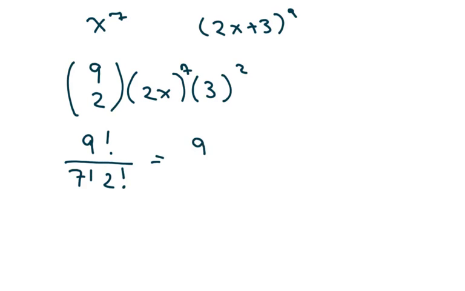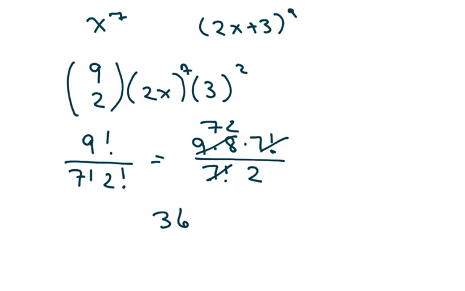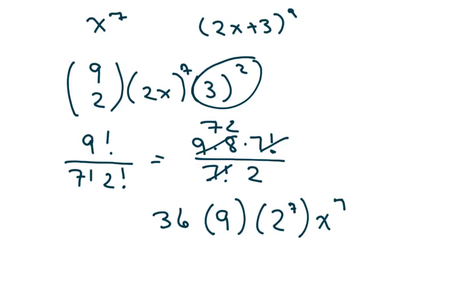And this will be 9 times 8 times 7 factorial over 7 factorial times 2 times 1, which is just 2. That cancels. And this is 72. 2 goes into 72 36 times. So it's 36. This equals 9 times 9 times 2 to the 7th times x to the 7th. So basically right here is your coefficient.